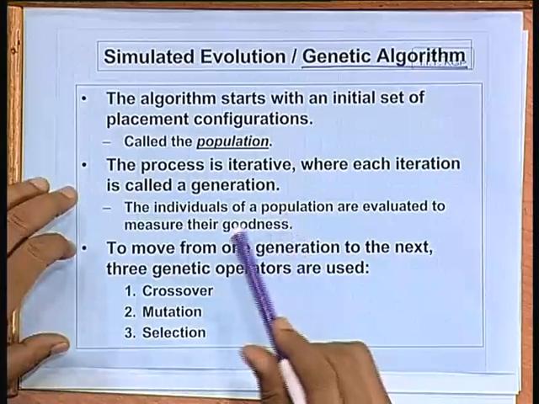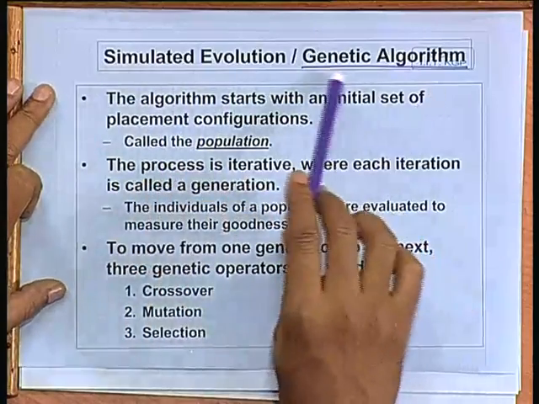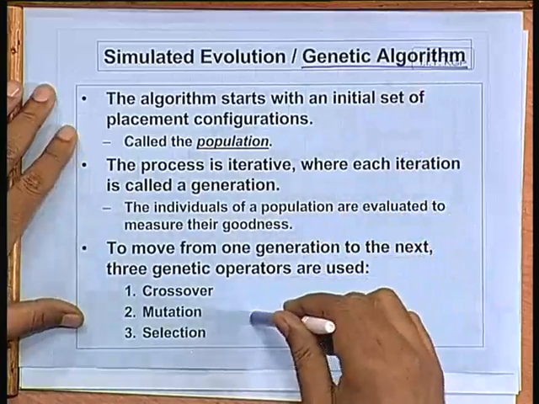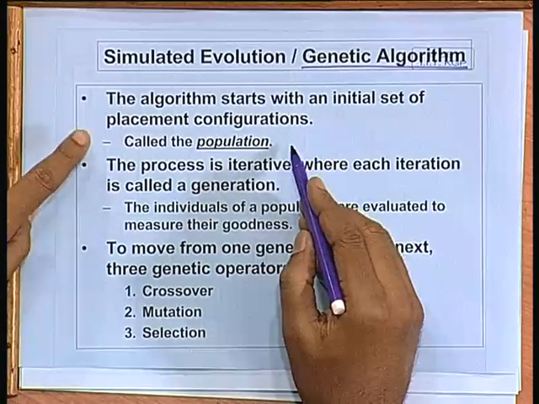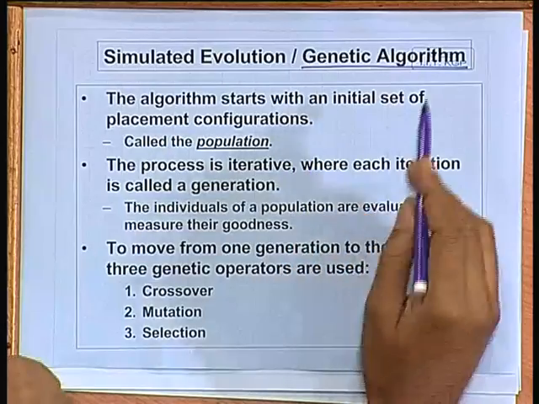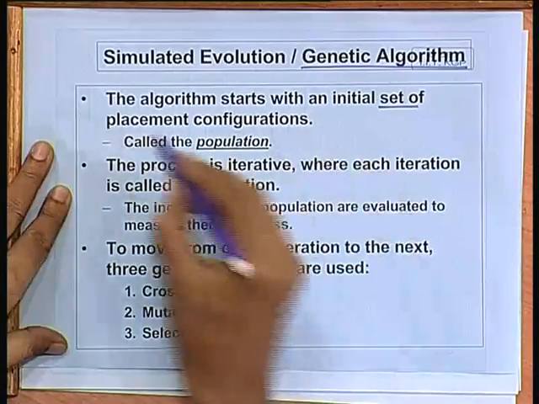The way we present the method, this is also a version of the so called genetic algorithm. So, first let us try to understand what this general concept of genetic algorithm framework is and how the placement problem is mapped into this. The concept is simple. In simulated annealing you start with one solution, but in genetic algorithm you start with a set of solutions.